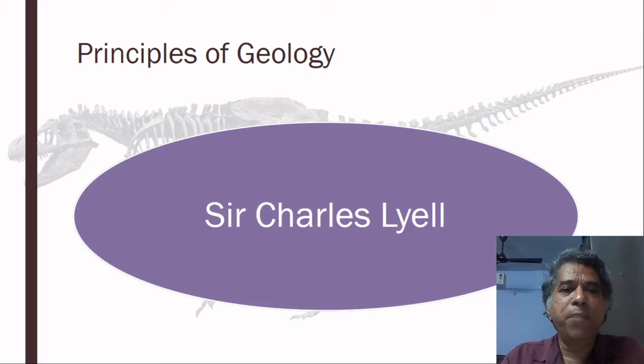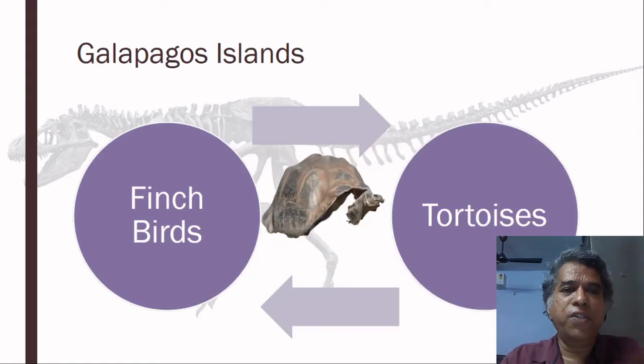Now let us peep into the various sub-theories of Darwinism. Darwin visited these Galapagos Islands. This is of course the tortoise that is present in the Galapagos Islands, and finch birds and tortoises were extensively studied by Charles Darwin. And these two, of course this comes under fauna.